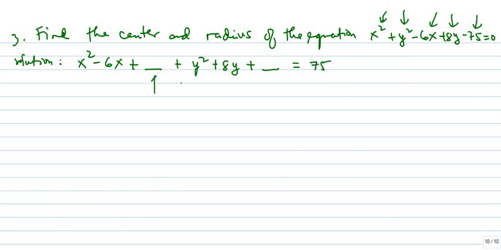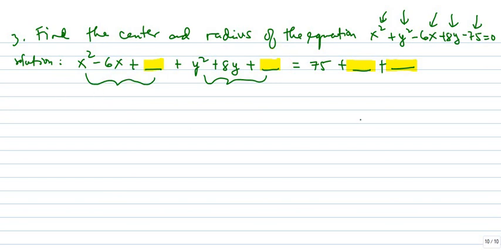Since we add a value here, we will add the first value plus the second value. The main reason why we have a missing number is to make this equation into a perfect square, as well as this one. Okay, so we have a missing value from this one, and we also have this one as our missing value. Since we add two missing values on one side, then we will add two missing values on the other side.